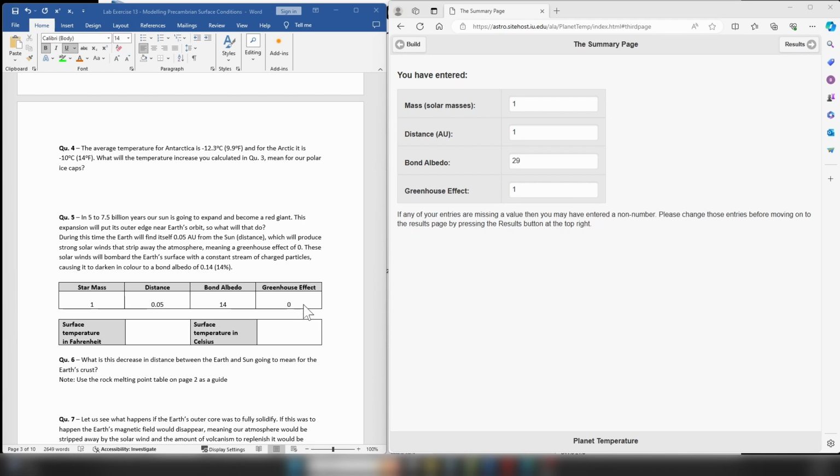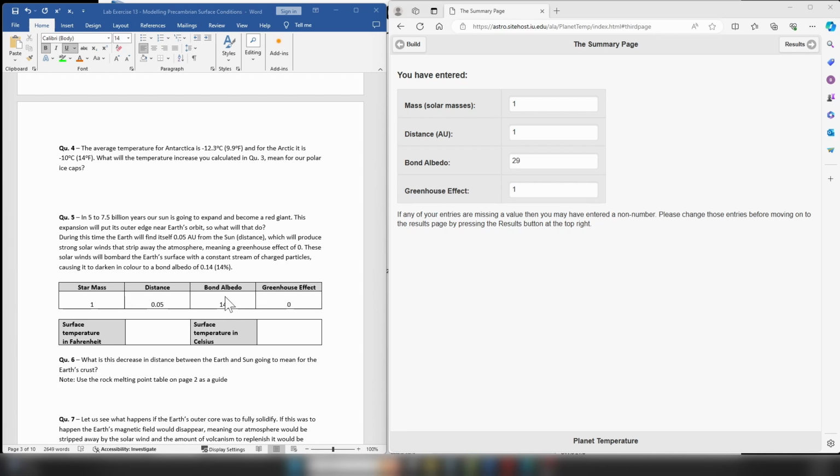At the same time, bearing in mind the Earth is going to be so close to the sun, the Earth's atmosphere will literally be ripped off the planet. It will be blown away by the extreme solar winds coming off this red giant star. And so we can assume the Earth's greenhouse effect is going to be 0 because we will have no atmosphere. So that also goes some way to explaining why the bond albedo is dropping.